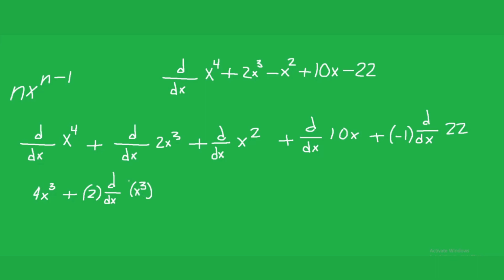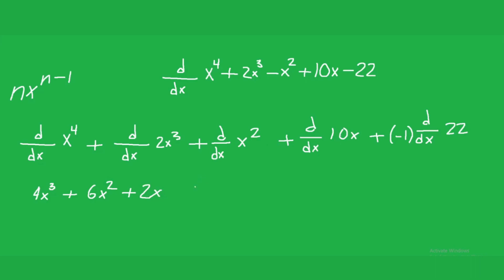And we know the derivative of x cubed is going to be 3x squared. We just did this. These multiply together, and we get 6x squared. Over here, we have plus the derivative of x squared. Power rule, 2x.